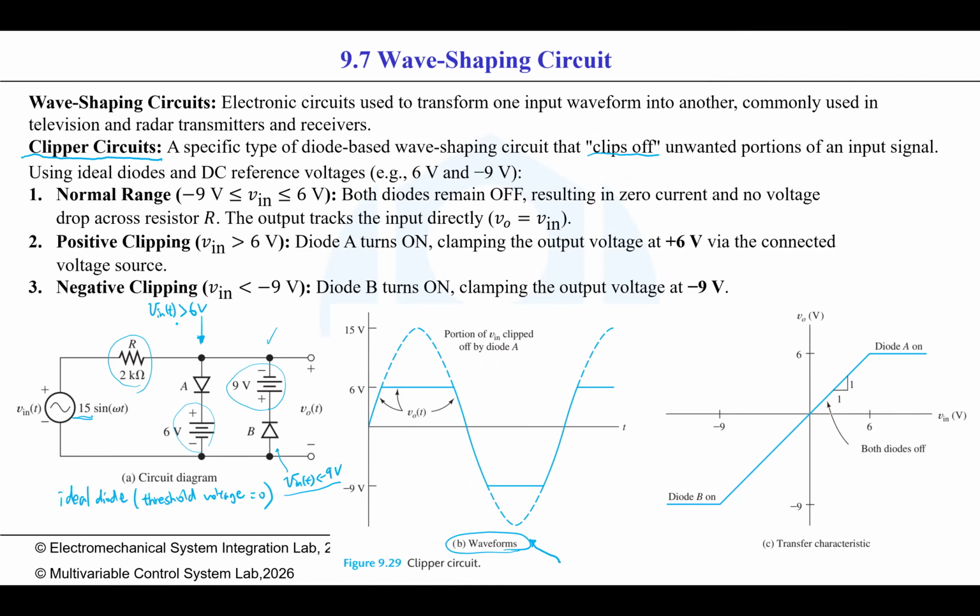Let's go back to this. How about when the diode turns on? Suppose it consumes 0 voltage. Then between these two terminals, the voltage is just 6 volts.